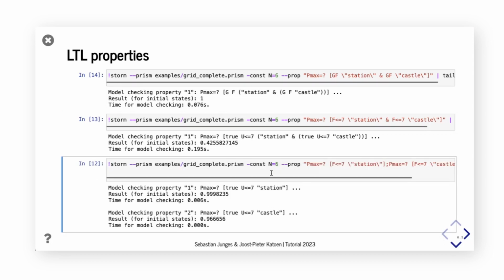And here I'm asking independently, what's the maximal probability to reach the station within 7 steps? And independently, what's the maximal probability, so with a different policy, to reach the castle within 7 steps? And you can see that actually reaching either of those two within 7 steps is easily obtained with very high probability, right? So that also highlights the difference between these properties.